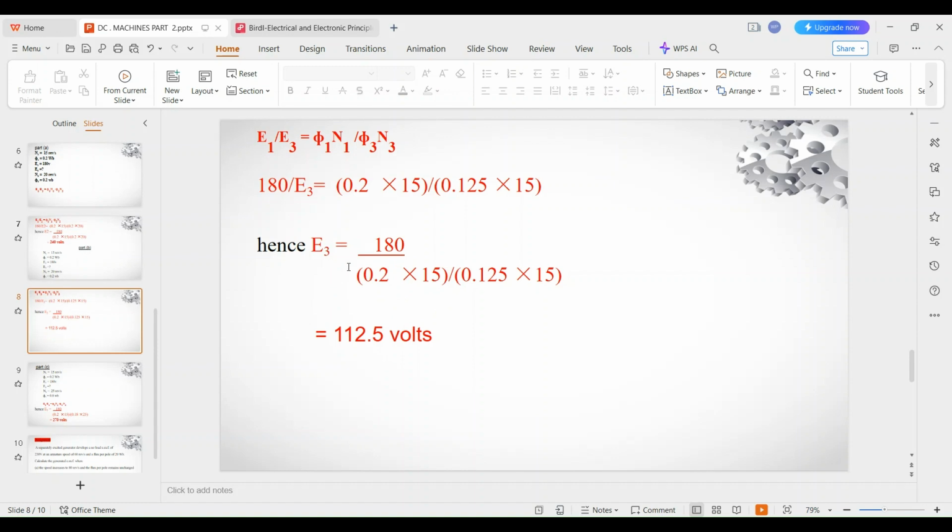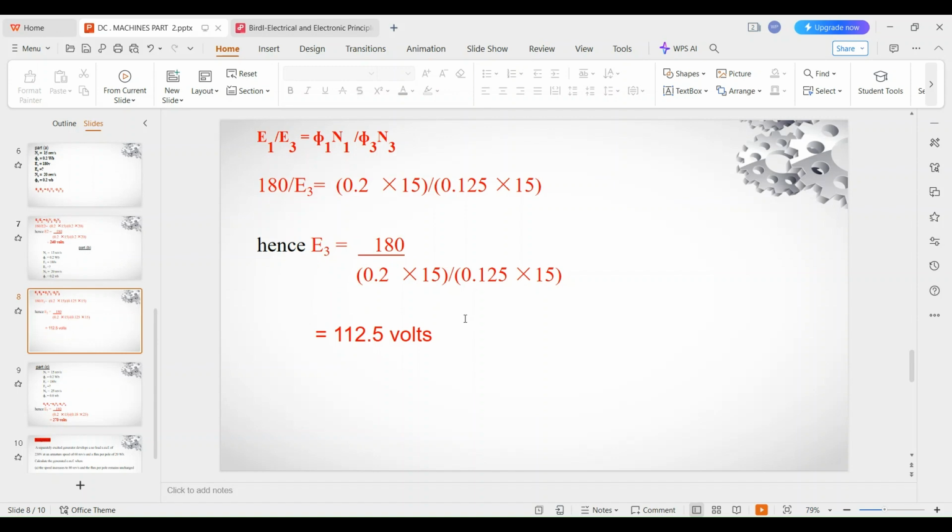So we shall have 180 over 3 and over 1.875. So in this area, we shall say that 3 divided by 1.875. So we shall have 1.6. So E will be equal to 180 divided by 1.6.